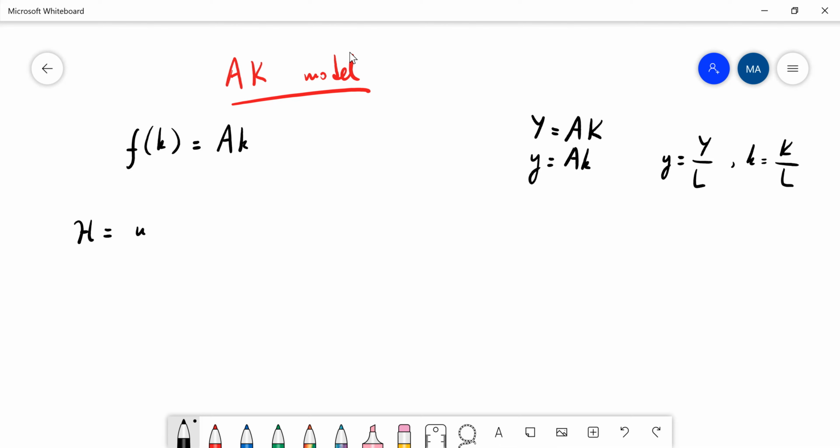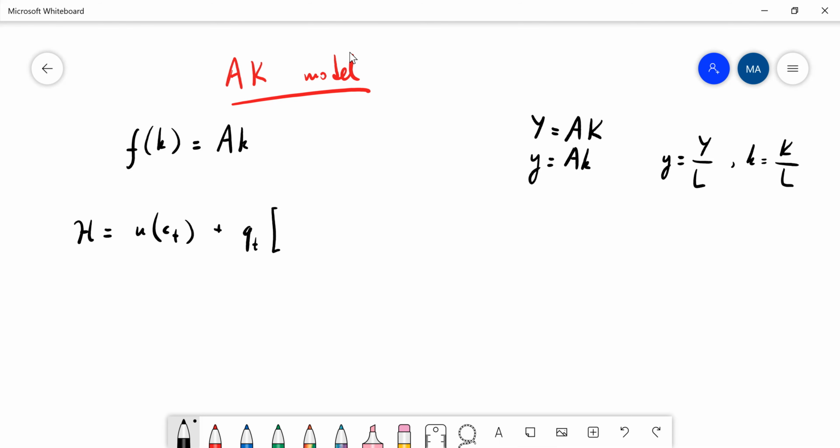So you have a utility function here, then you have your state variable. Then what you want to write here is, of course, K dot, and K dot will be something like this.